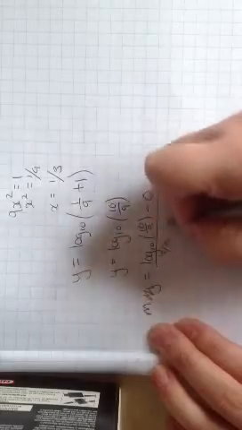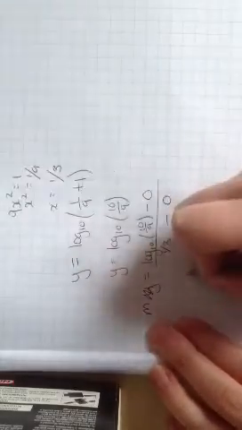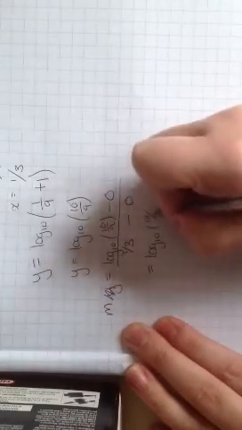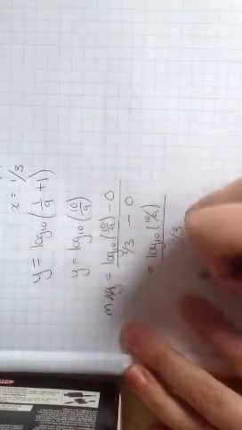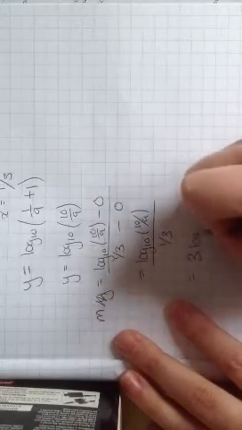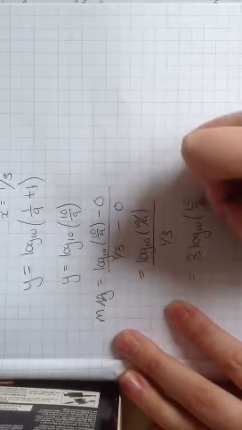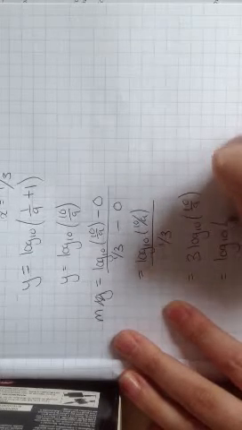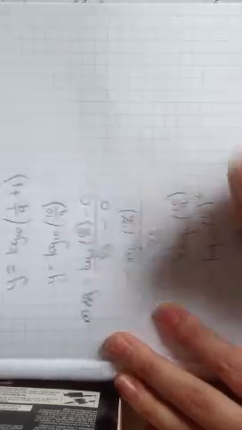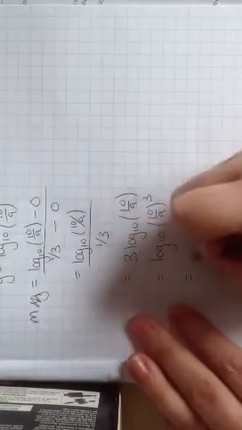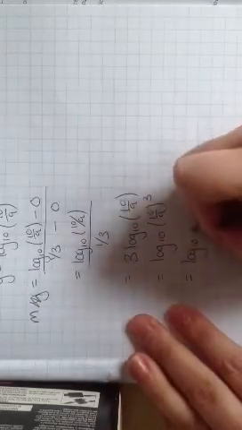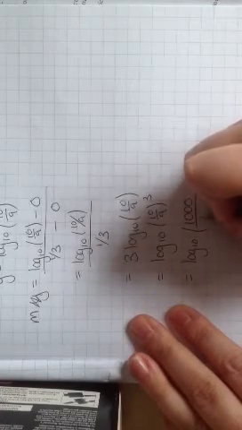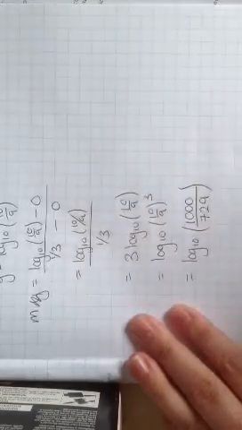The x value is a third, take away the x value of the origin is that, which is log to the base 10 of 10 over 9 divided by 1 over 3, which is the same as 3 log 10 over 9, which is the same as log to the base 10 of 10 over 9 cubed. And you've got to keep going until you've just got a fraction, which means that we have 1000 over 729. Done.